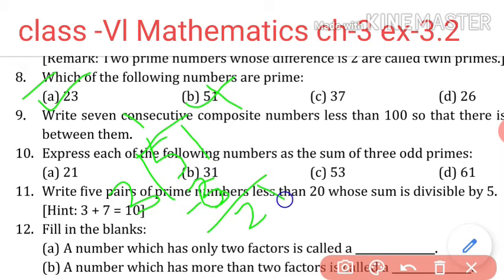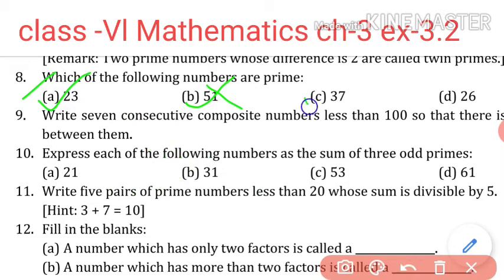If you do minus, you will get 2 minus 1. How much? 21. Now 3 sevens are 21. That means 51 is not a prime number because 51 has factors 3, 17, 1 and 51. There are 4 factors for 51. So this is not a prime number.